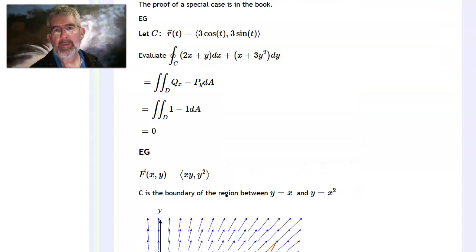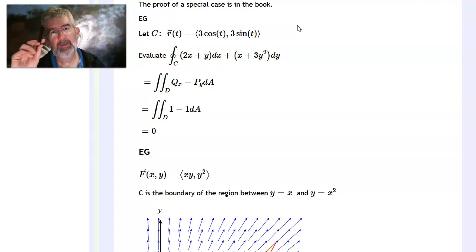Anyway. All right, let's take a look at a couple of examples here. I think you'll find that the examples we're doing are not quite the way we use the fundamental theorem of calculus, but let's see here. I've got a curve, r of t is 3 cos t, comma 3 sin t. Oh, I didn't say it, but t is from 0 to 2 pi. So I've got a circle of radius 3 centered at the origin, starting at 3, 0, and rotating counterclockwise around.